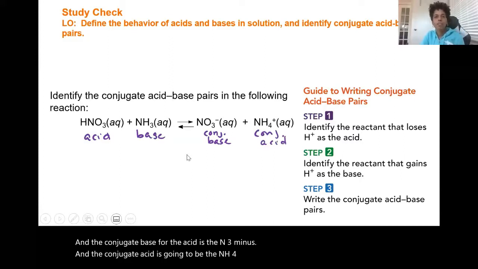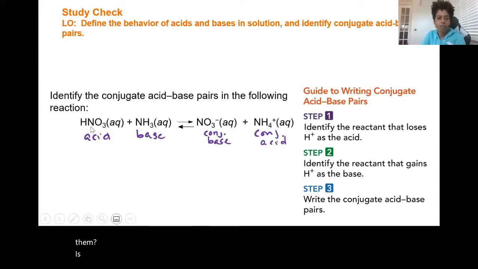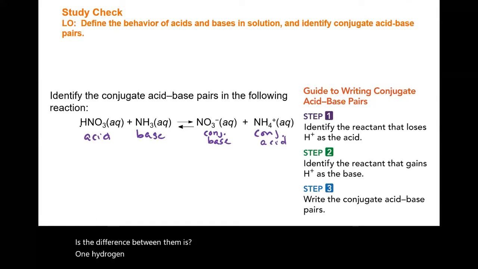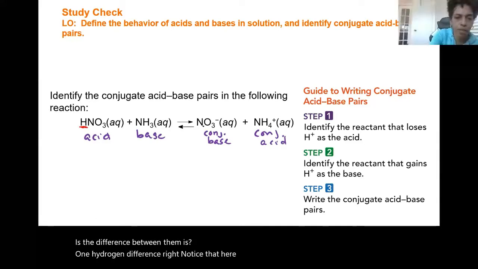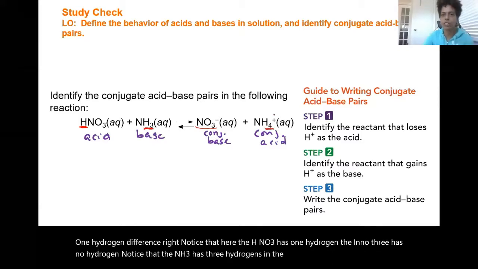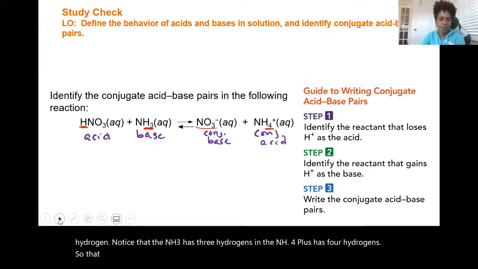What's the difference between them? The difference between them is 1 hydrogen, right? Notice that the HNO3 has 1 hydrogen, the NO3- has no hydrogen. Notice that the NH3 has 3 hydrogens and the NH4+ has 4 hydrogens. So that is how we determine.